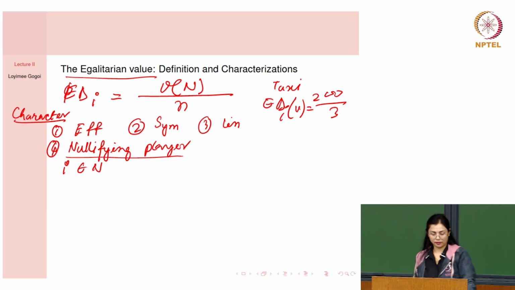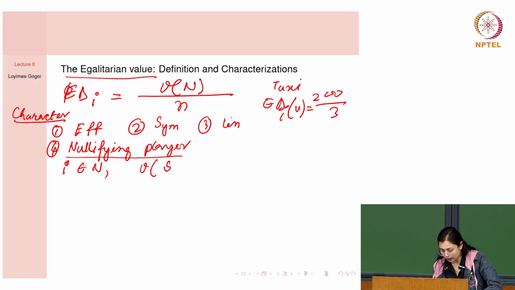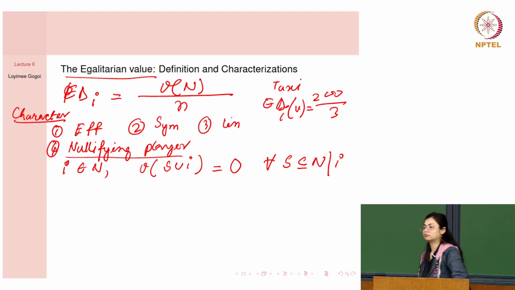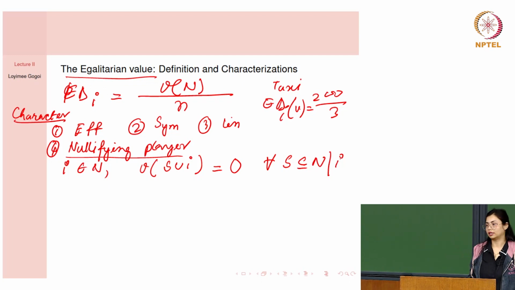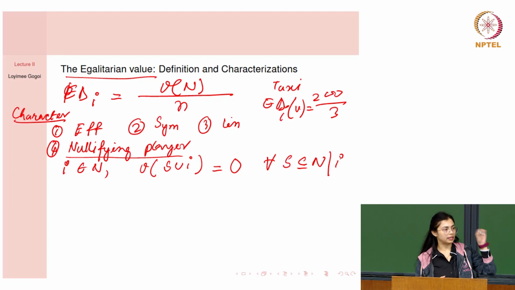So what is a nullifying player? For any particular player i, whenever he is in a coalition, the worth is always 0. In reality, it's very difficult to find this kind of example, right? Some particular player is like that: whenever he is in a coalition, the worth is always 0. For example, even in the grand coalition, the worth is 0.